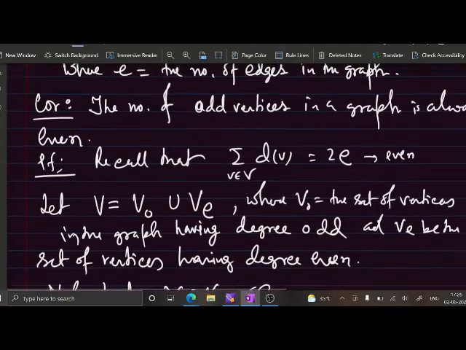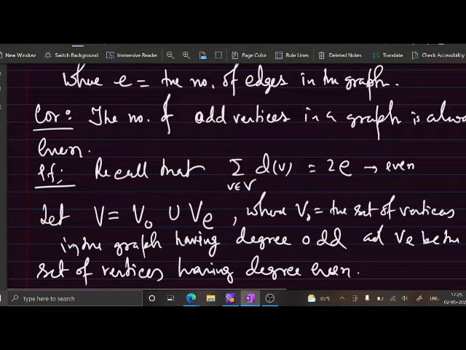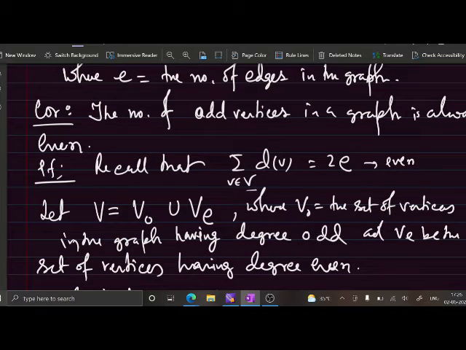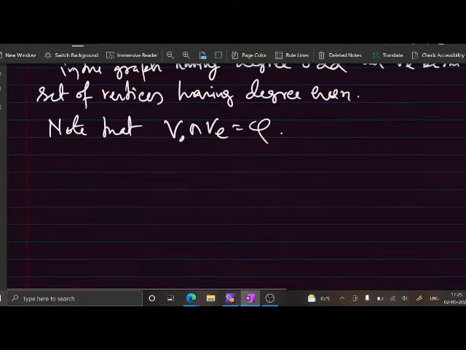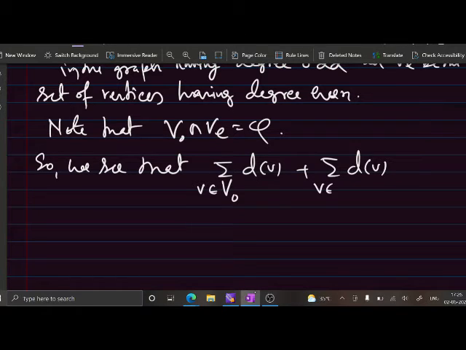Therefore you can split this sum into two parts. So we see that the sum of dv, v belongs to V0, plus the sum of dv, v belongs to VE, equals 2e. That is an even number.